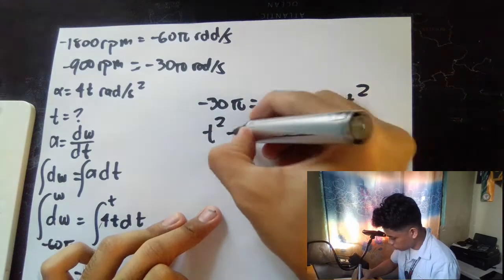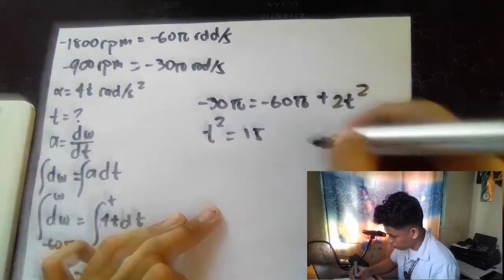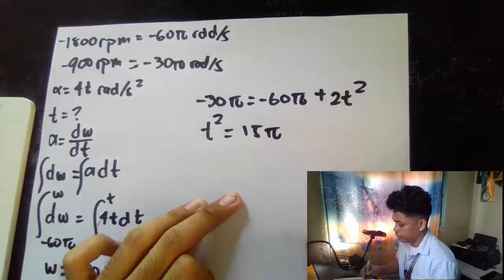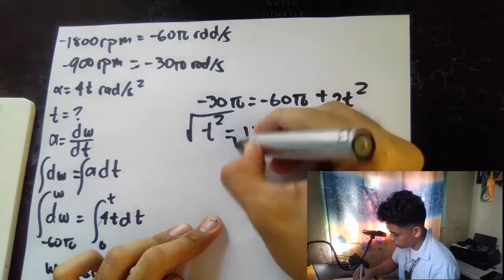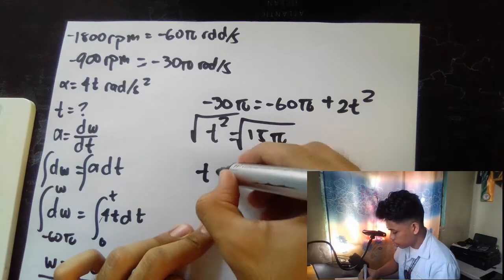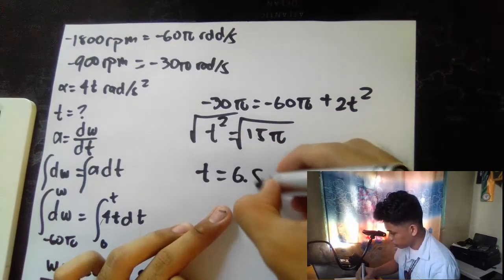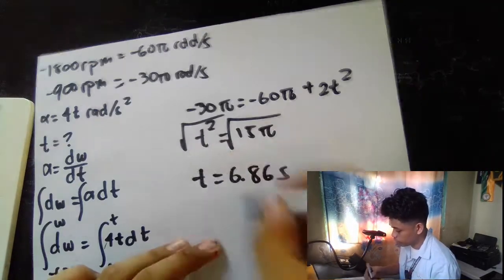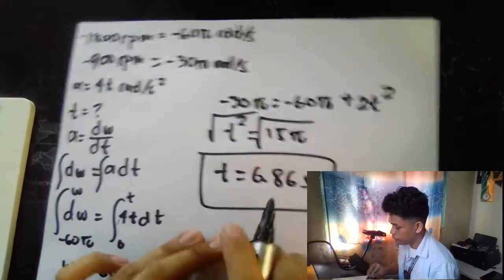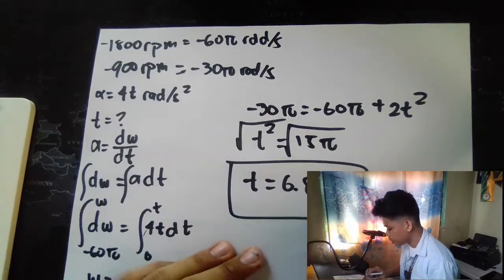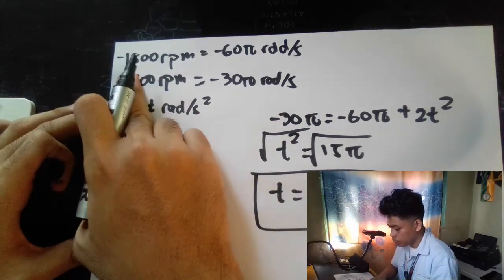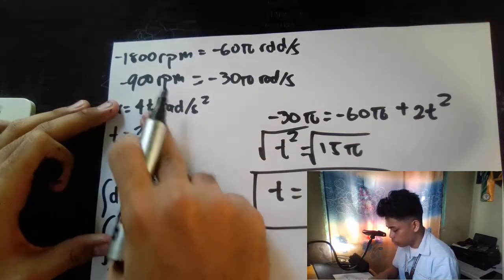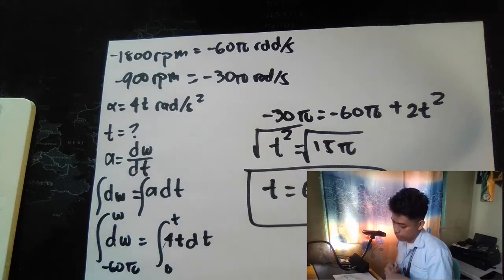So t squared equals 15π. Taking the square root, t equals 6.86 seconds. This is the answer to the first part. It will take 6.86 seconds for the wheel to go from 1800 RPM to 900 RPM clockwise.